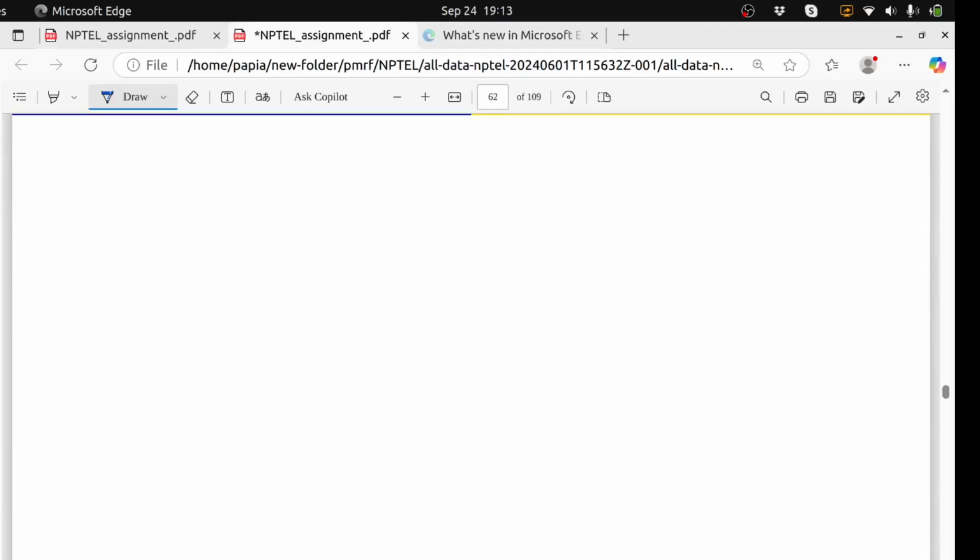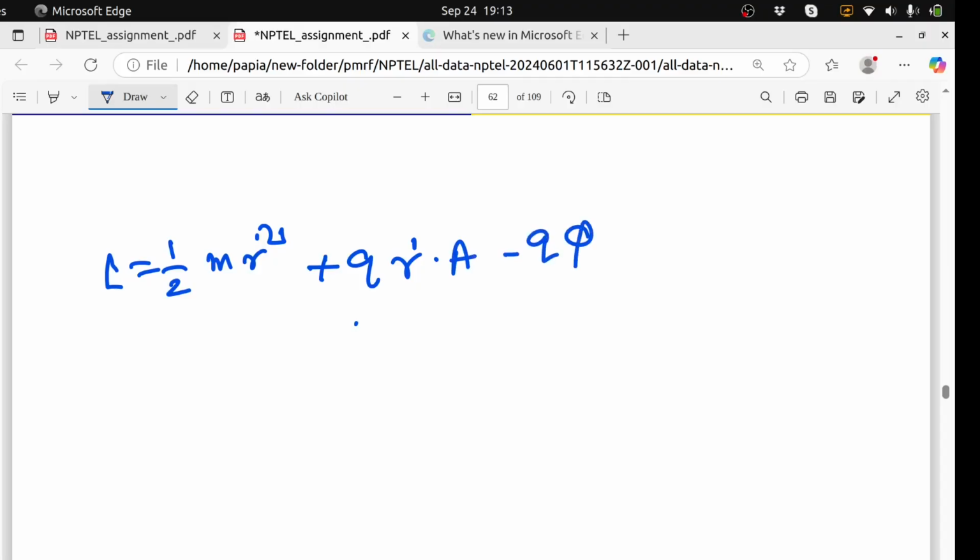Now our L is half m r dot square plus q r dot dot A minus q phi.